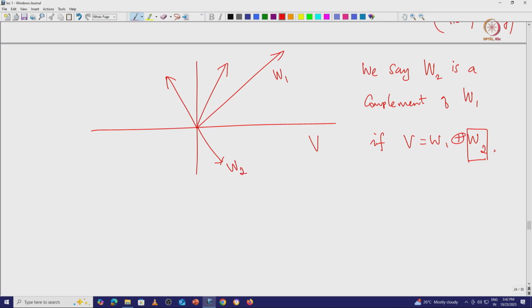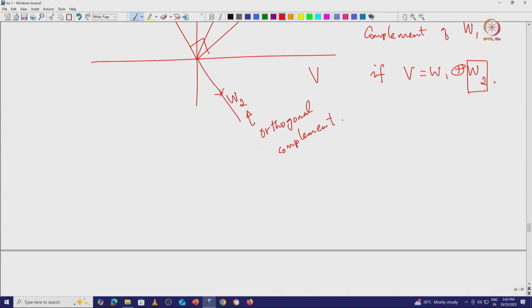If you are working with an inner product space, we can take a very unique choice which comes from the inner product, which is the orthogonal complement of W1. By taking the orthogonal complement, we make a unique choice for the complement.